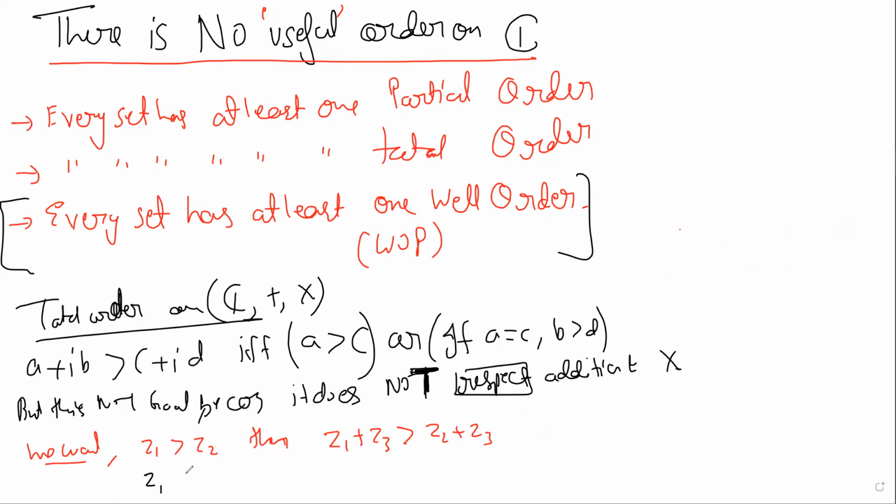So what we also want is, if z1 is bigger than z2, then, and this has to be qualified a little bit, if you multiply by z3, then it must remain bigger for all z3 greater than 0.